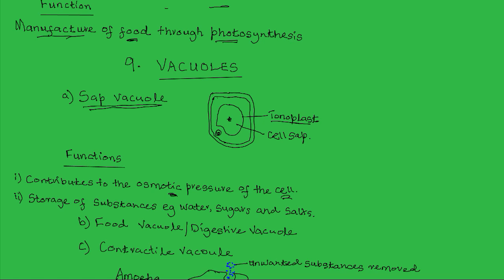So, the higher the concentration of the salts and the sugars, the higher the osmotic pressure that will be generated by the subvacuole, and the more the water that will be drawn into the cell from the surroundings.